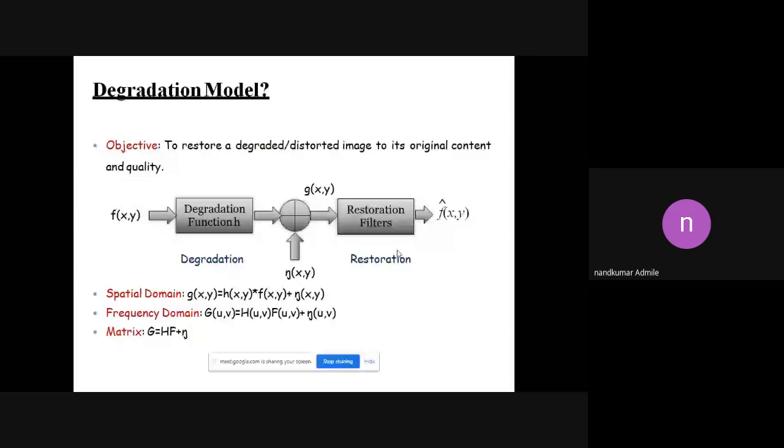If our input image f of x y consists of any noise, then in order to remove that noise, we have to use degradation.